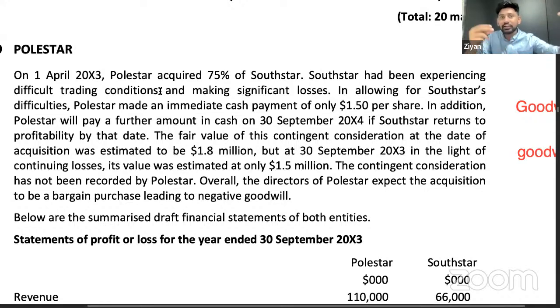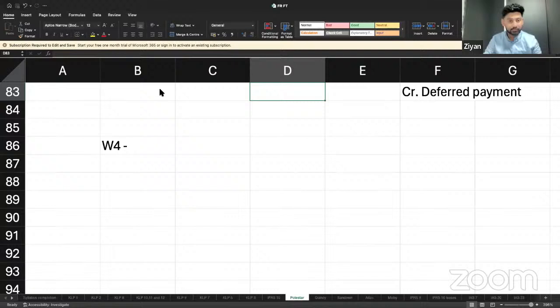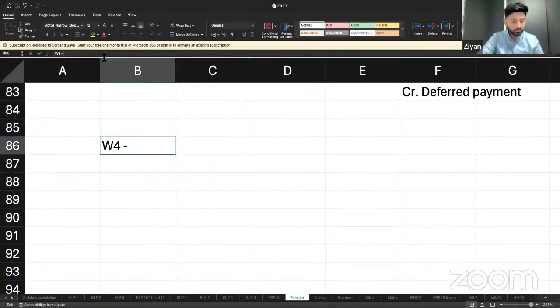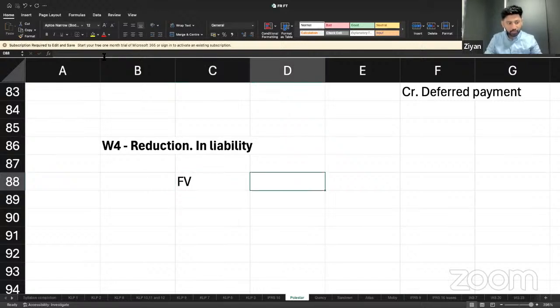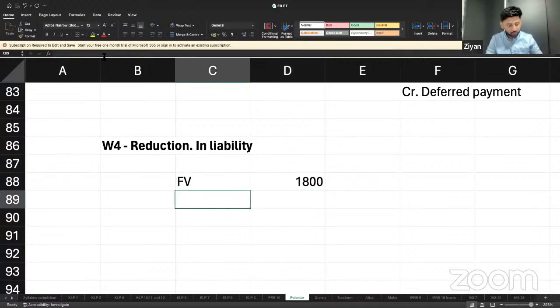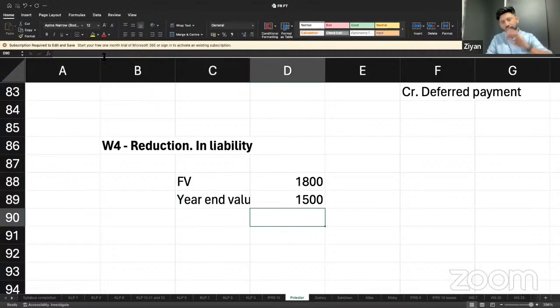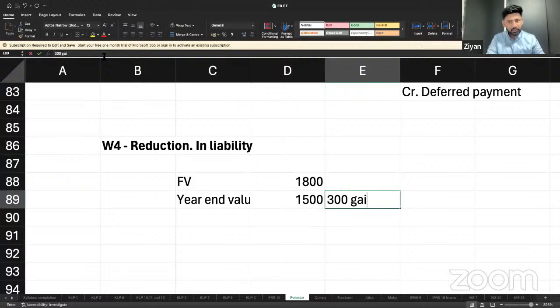An increase in liability is a loss. A reduction in asset is a loss. An increase in asset is a gain. So technically here, working number 4, there is a reduction in liability. Meaning my fair value I thought was 1,800, but my actual year-end value is how much? 1,500. Gain of how much? 300 gain. Are we clear, everybody?